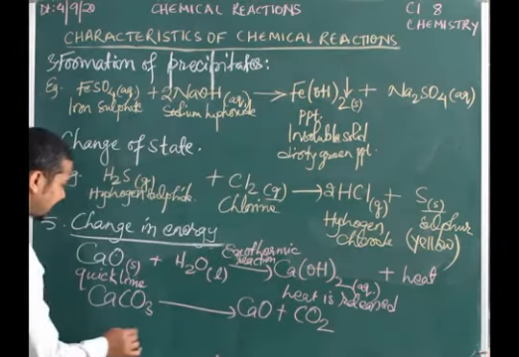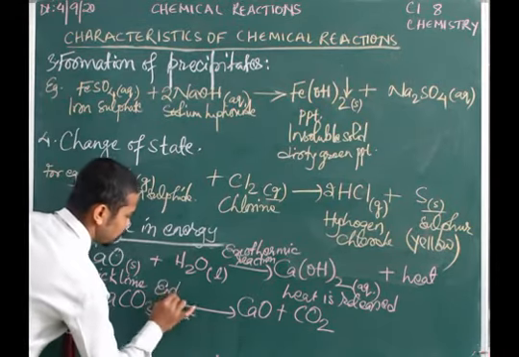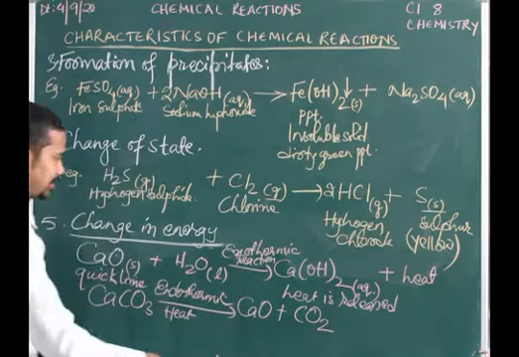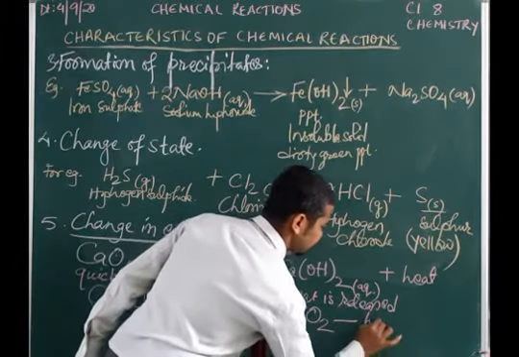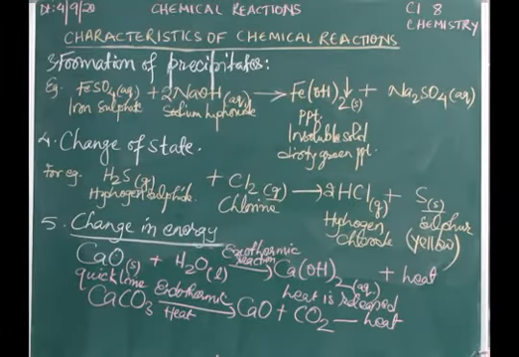Here you have to apply heat, and that's why you write minus heat. Heat is given to the reaction, it is not released. Here heat is absorbed. You have to apply heat so that calcium carbonate converts to calcium oxide and carbon dioxide. This much for today. Thank you.